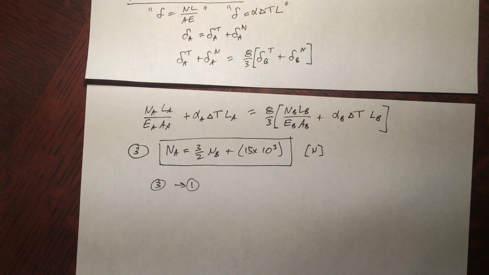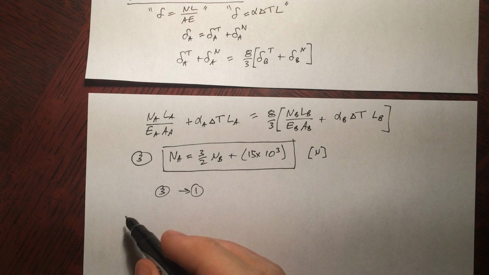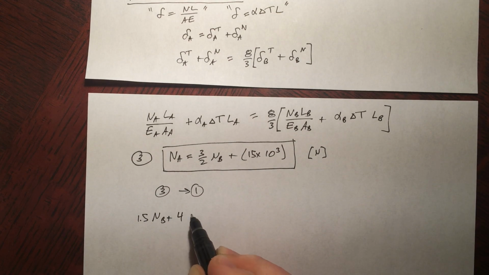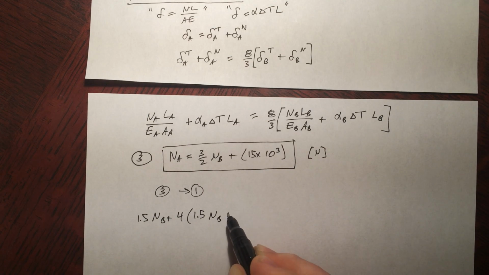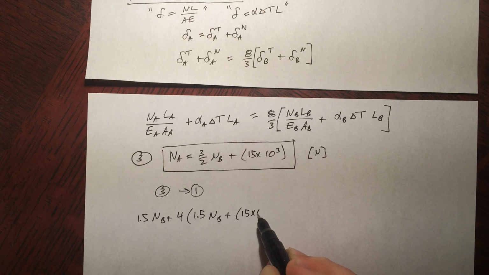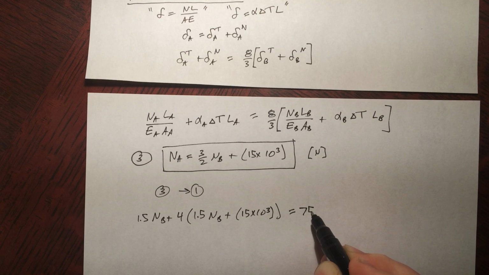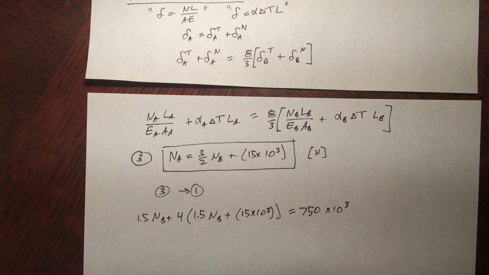Alright, we plug 3 into 1. 1.5 N_B plus 4 times this whole mess here, 1.5 N_B plus 15 times 10 to the 3, equals 750 times 10 to the 3.